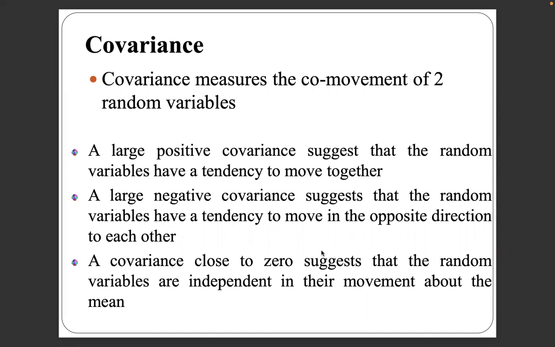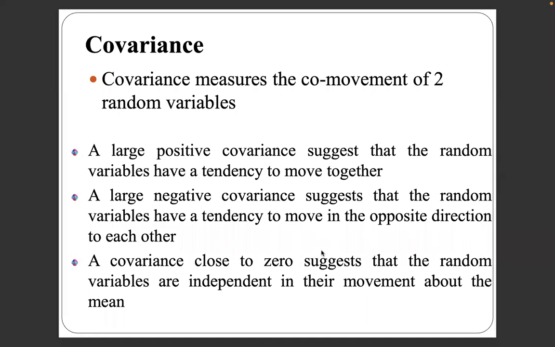So if there is a positive covariance with a large value, it means they are moving in the same direction. If the price of stock A is increasing, B also increases in price. That is what positive covariance says. It gives an idea about the direction of movement of two securities.